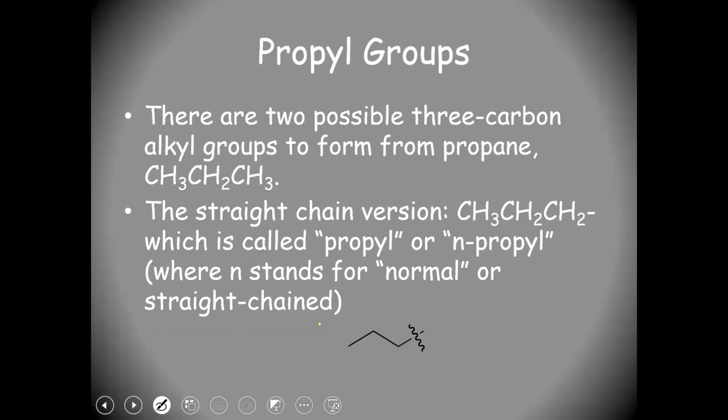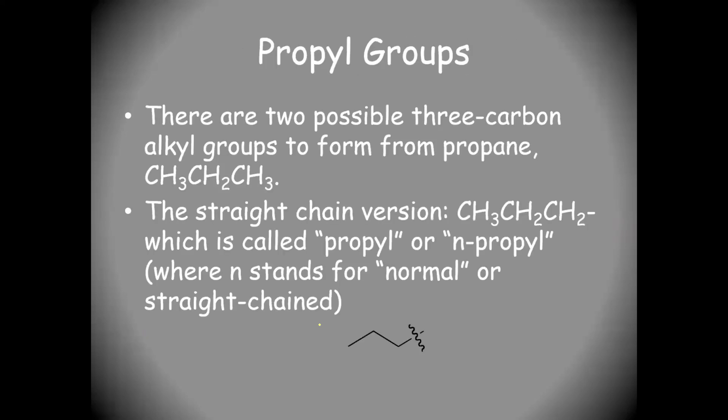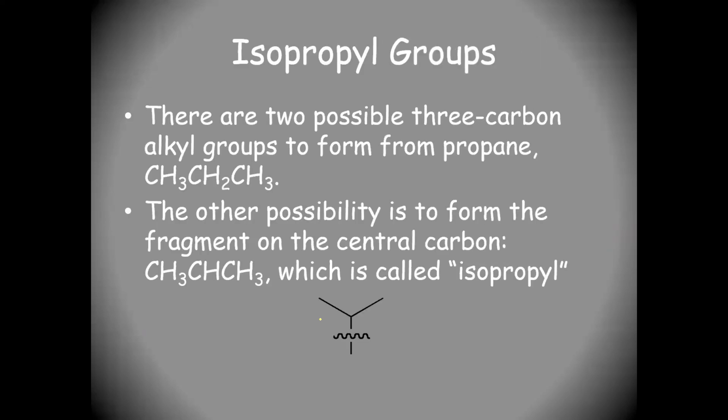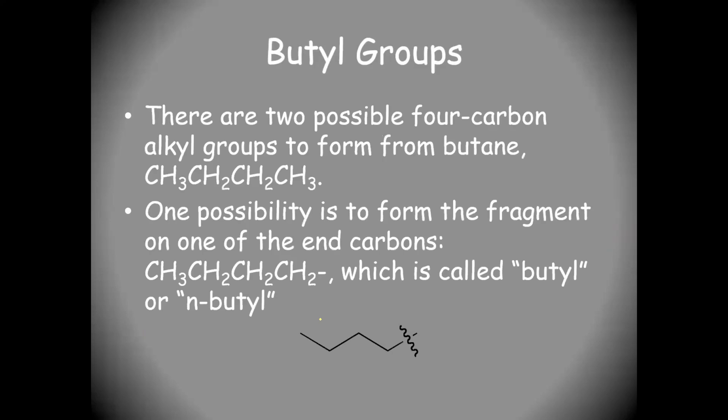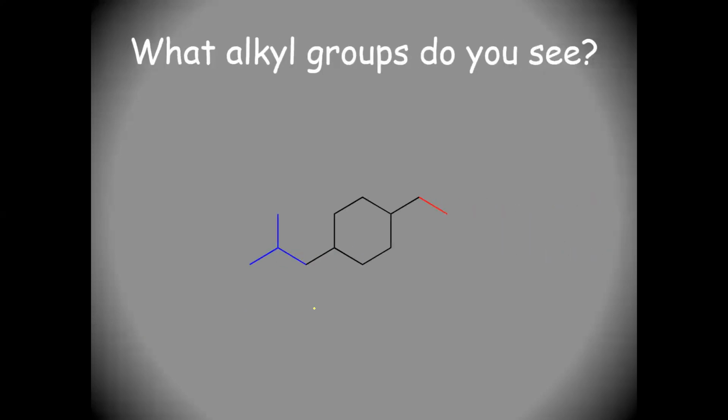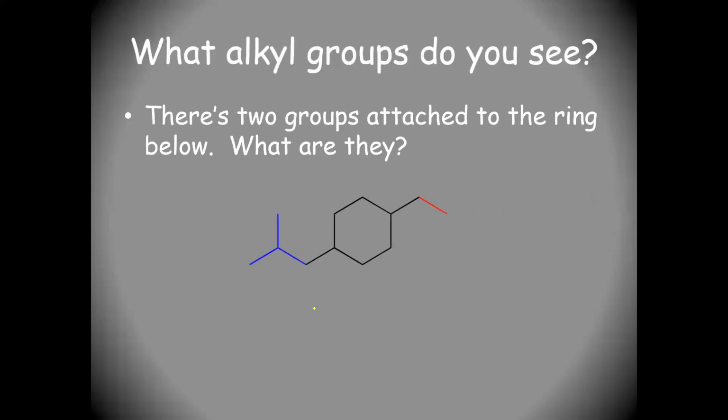Propyl group. Then isopropyl group. Then comes butyl group. It goes on like this and it will be a long way. Now this is a ring.